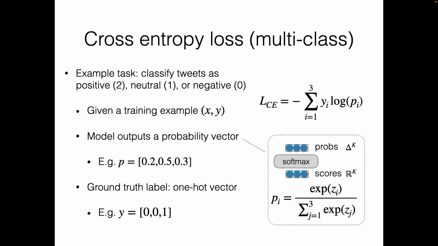So here it is written out, and you can see that basically we go over each class. Here we'll have 3 classes. Then all the zeros will zero out, and you'll just end up with one term, which is the class that is 1. So you'll have the log probability of the class that's in the data.